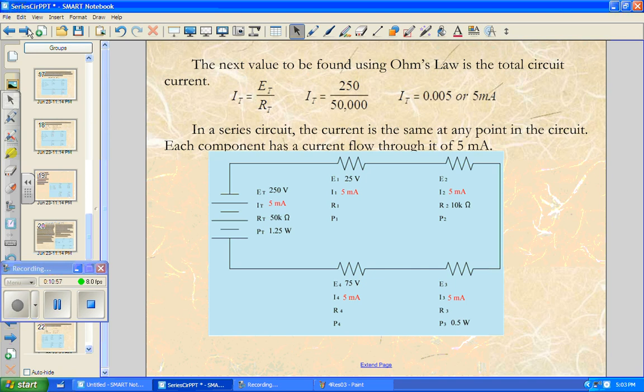On our resistor 2, we could multiply 10,000 times 0.005 to find our voltage drop. Across resistor 3, we have current and power. We're going to have to use P equals I squared R possibly. And in our other one, we have voltage and current, so we can use E, I, and R to find our resistance.